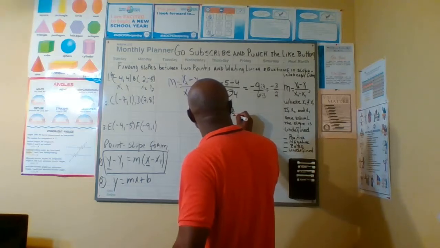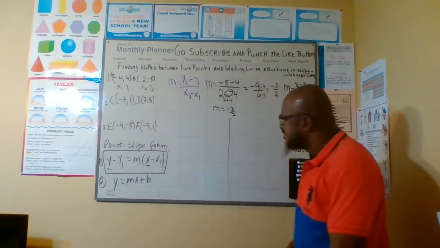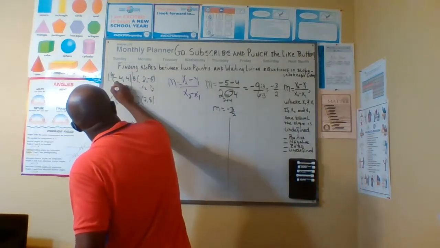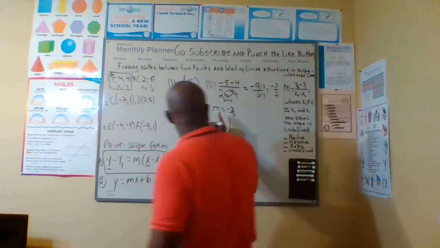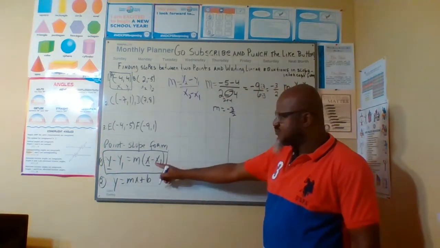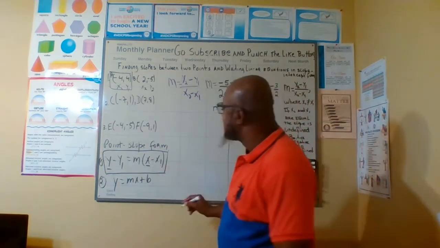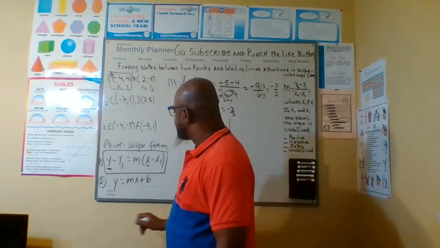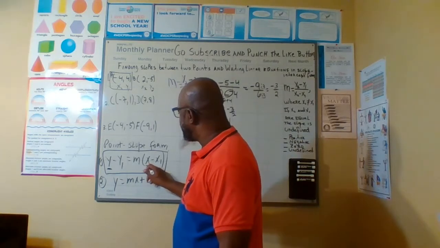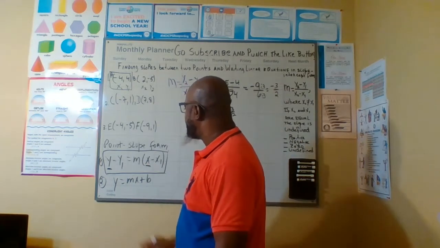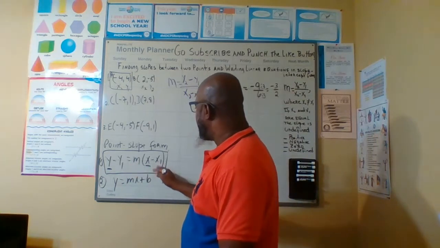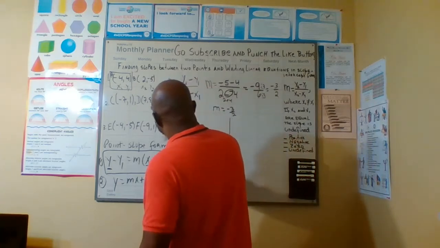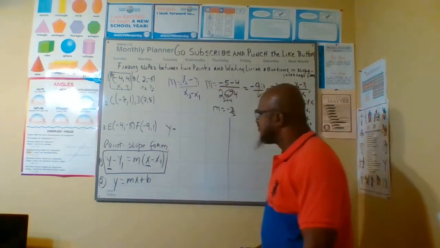Negative 3 over 2. So now I'm gonna write my first equation. I'm gonna use a point x and y and my slope to get the equation. I'm gonna use the first one, which is point slope form. When you replace, the y is untouched and the x is untouched. The only things that you replace are y1, m, and x1. So the first y is untouched, and you identify which one is your y1.